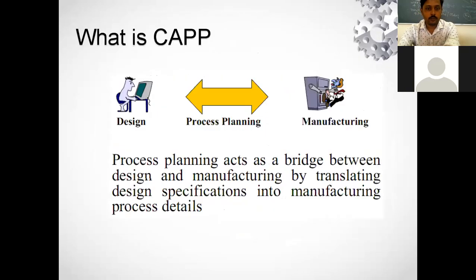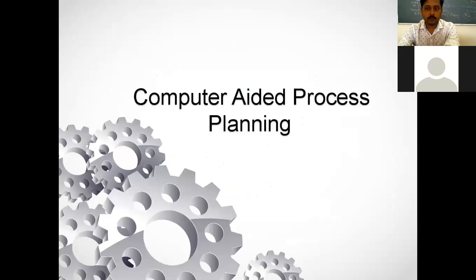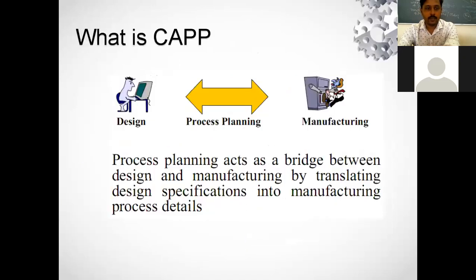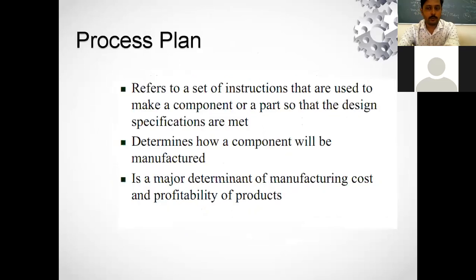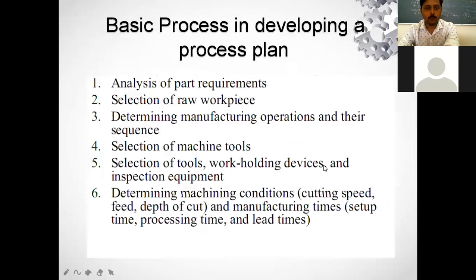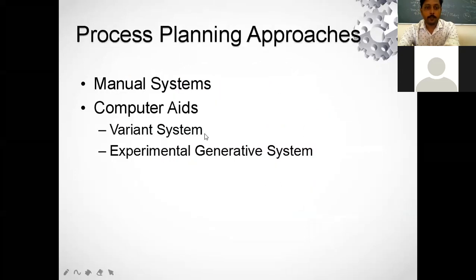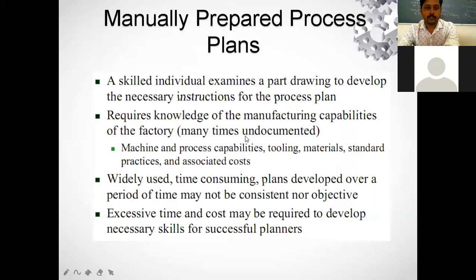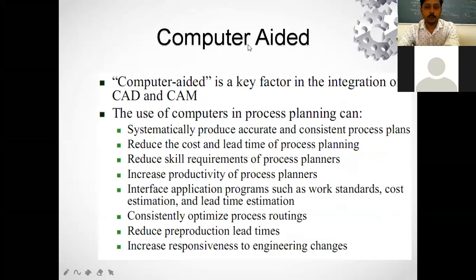I hope you understood the things that we have learned today. We have learned what CAPP is, what a process plan is, what a process plan consists of, what it takes as input, what we get as output, basic processes in developing a process plan, and approaches. Out of that, first is the manually prepared process plan, its features, advantages, disadvantages. Then computer aided process planning, the basic procedure and the use of computers in process planning that we have discussed.